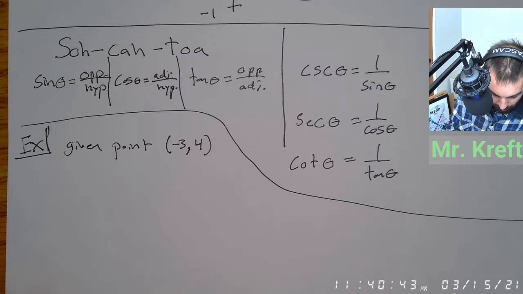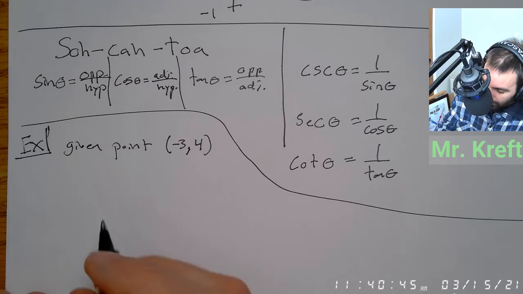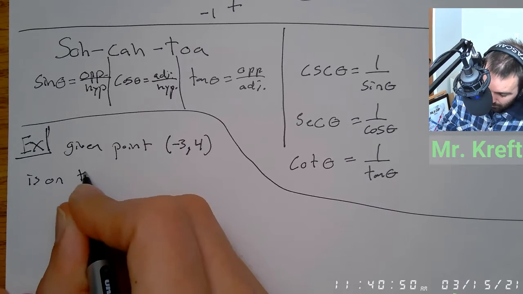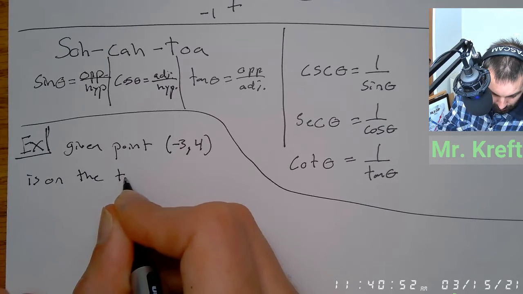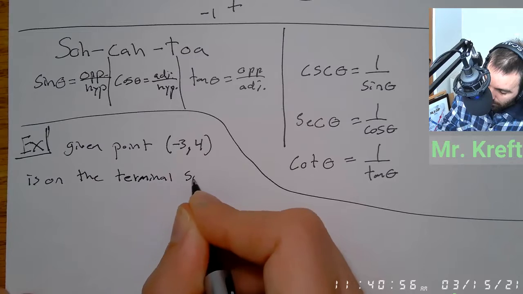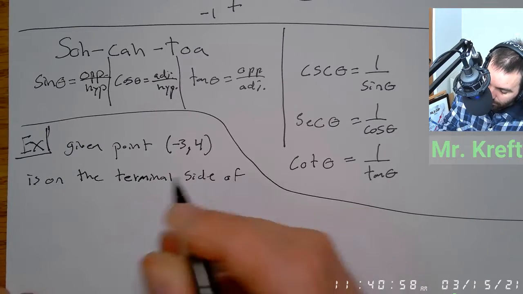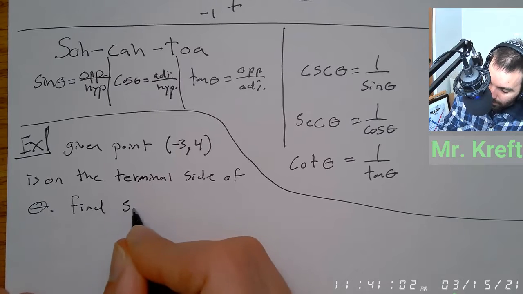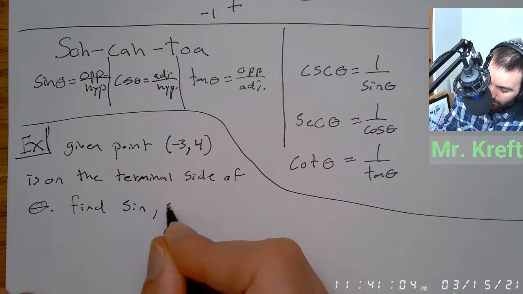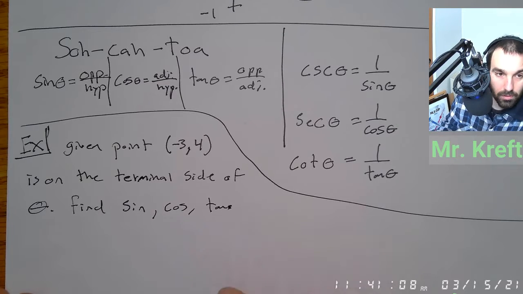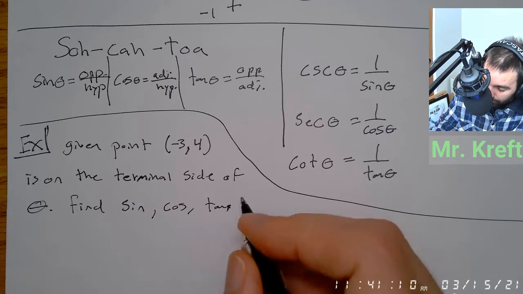So given point -3, 4 is on the terminal side of theta, find sine, cosine, and tangent. I feel bad because I'm using the abbreviations.